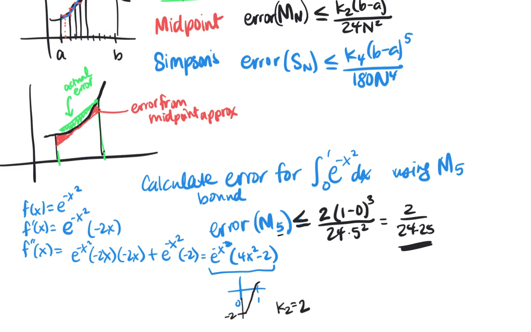So that gives a measure of accuracy. Another thing you're going to see is that it will sometimes ask you to find the number of rectangles for which the error is less than a certain amount.